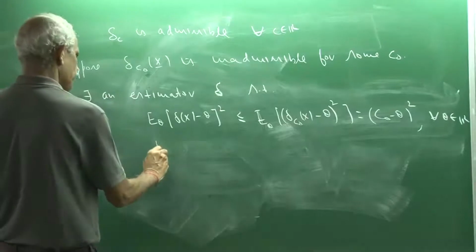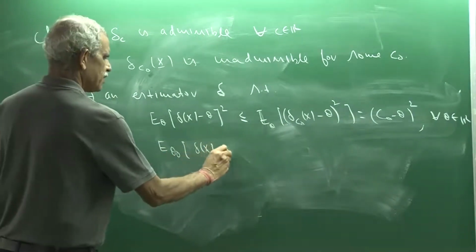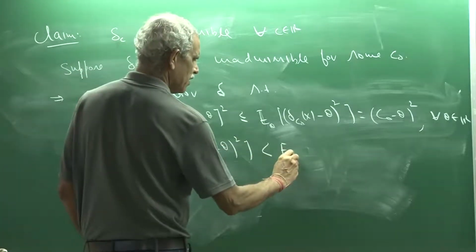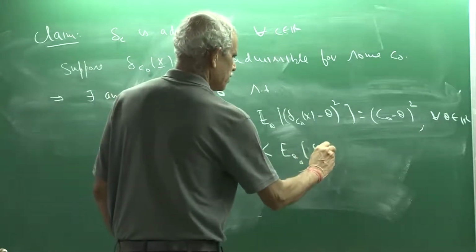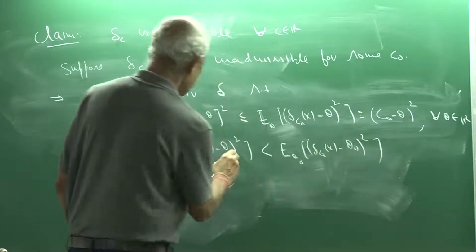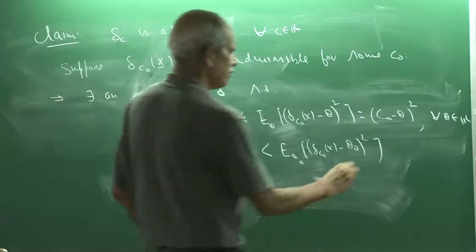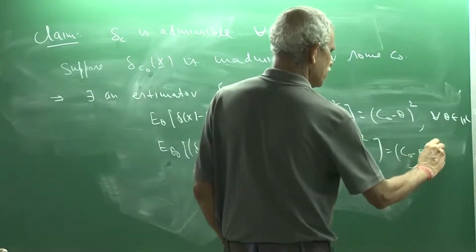And E_theta0 of (delta(x) minus theta0) whole square is strictly less than E_theta0 of (delta_c0(x) minus theta0) whole square. This should be theta0 because I am talking about the risk at the point theta0, which is nothing but (c0 minus theta0) whole square.